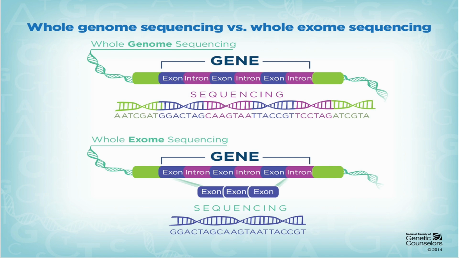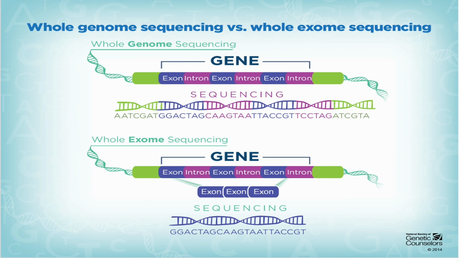On the other hand, whole exome sequencing focuses solely on the exons, the approximately 1 to 2% of the genome that actually codes for proteins. Despite the smaller scope, whole exome sequencing is often used because the majority of known disease-causing mutations are found within these coding regions. Whole exome sequencing is generally more cost-effective than whole genome sequencing and can yield significant insights, especially when looking for genetic causes of diseases.